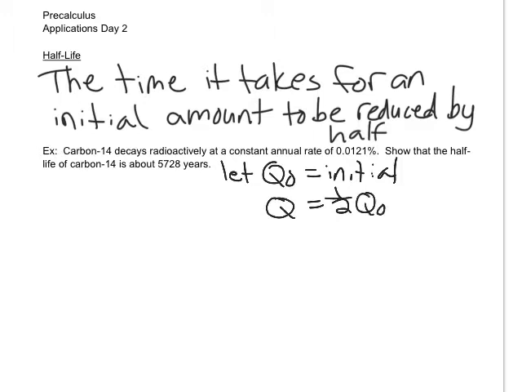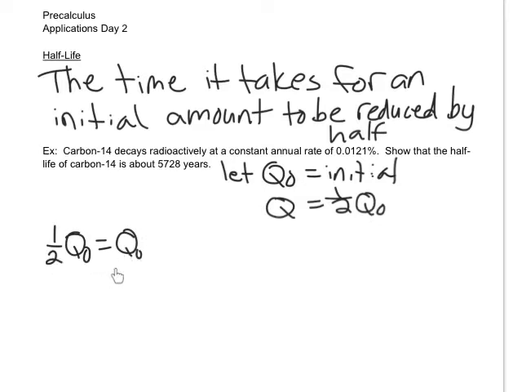When you divide half of Q0 by Q0, these are eliminated and you're just left with the constant, the 1/2. So if I'm talking about the half-life, the left-hand side is just going to be 1/2, and we won't really consider the initial amount. It doesn't matter what it is, because in the end, the Q0s are divided away.